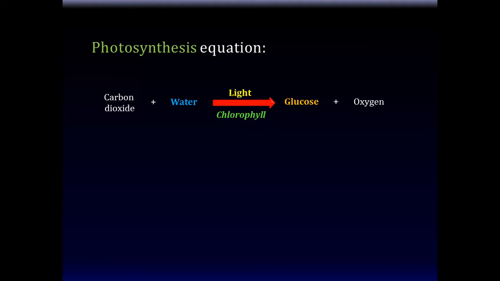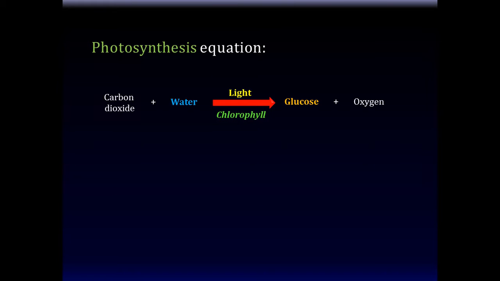Now, as you probably already know, photosynthesis is a process where plants or other autotrophs take carbon dioxide from the ambient environment and water, and with the help of energy from sunlight, and with the aid of chlorophyll, which traps light energy, then produce glucose and oxygen.